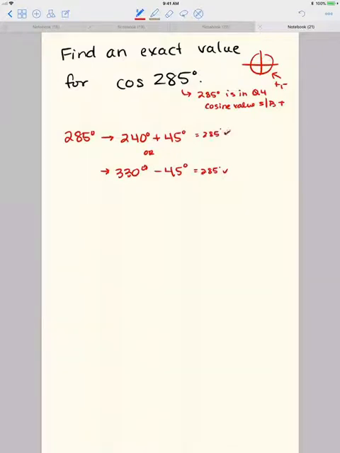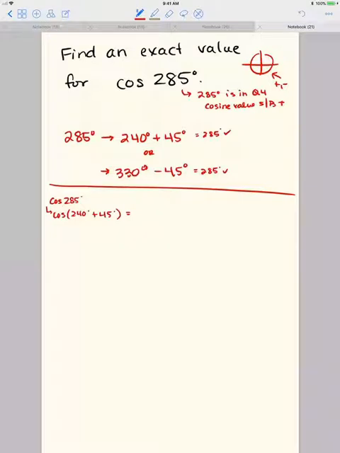And one is a sum formula and one is a difference formula. So I'd like to work through both of those to show you that it really doesn't matter which one you choose as long as you pick the right sum or difference that gives you the degree that you're trying to break apart. All right, so for the first one, we're doing cosine. So cosine of 285, I'm going to turn that into the cosine of 240 plus 45 degrees.